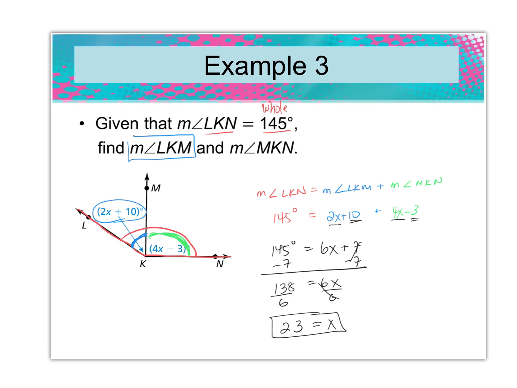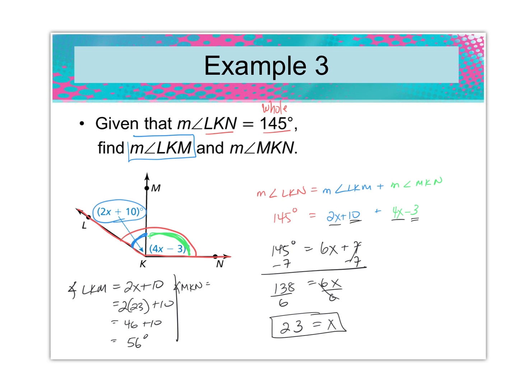They want to know what each measure is. They want to know what is the measure of angle LKM. Well, again, LKM is 2x plus 10. If x is 23, then it's going to be 46 plus 10, or 56 degrees. So then, if that's LKM, then MKN is what?